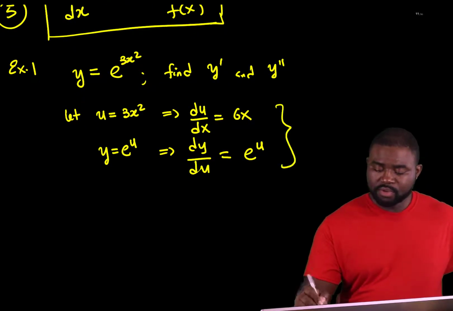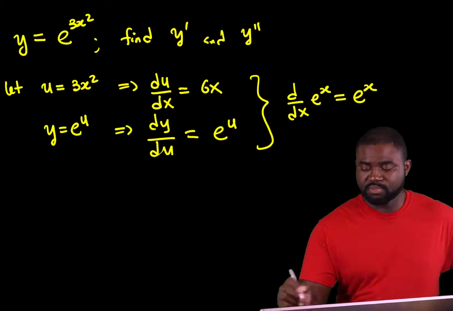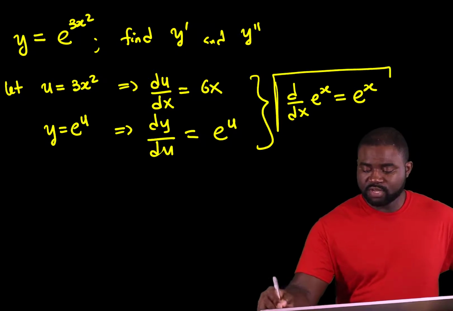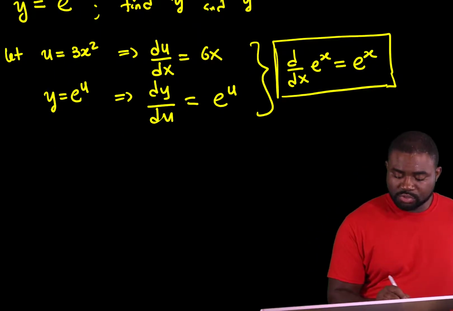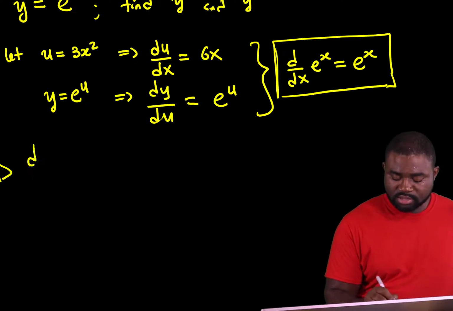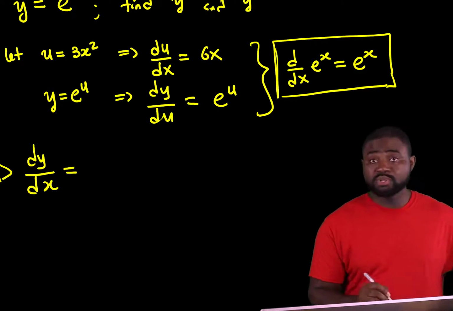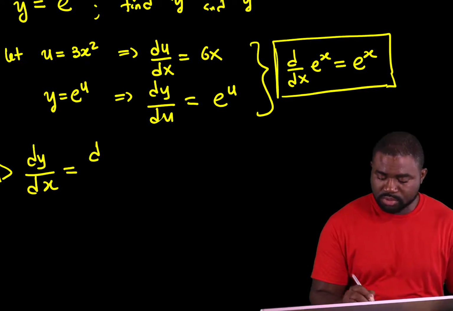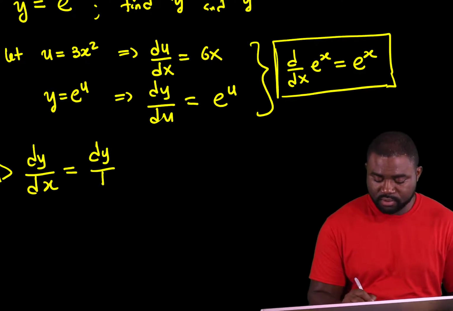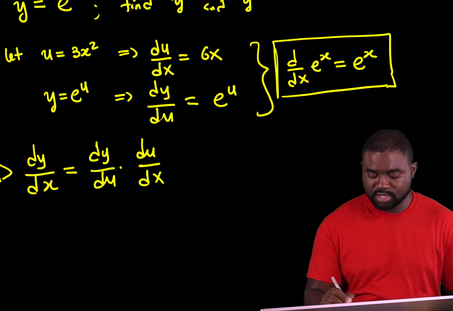Remember that d dx, e raised to the power x, is just equal to e raised to the power x. This is a standard formula that you should always remember. So this would mean that dy dx is equal to, now we are using the chain rule here, dy du dot du dx.